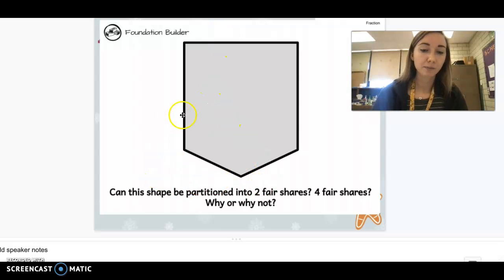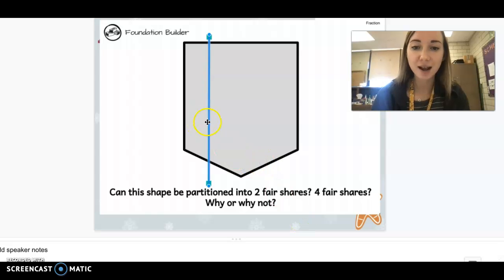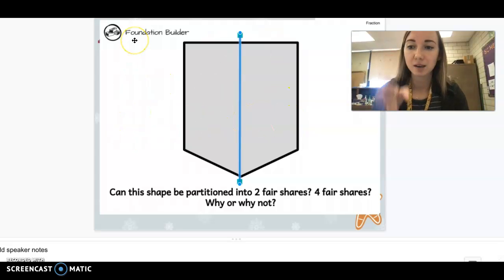So next one, can this shape be partitioned into 2 fair shares? I heard some people say yes. Let's try it out. So my line starts out being up and down, which is called a vertical line. So that is 2 fair shares.